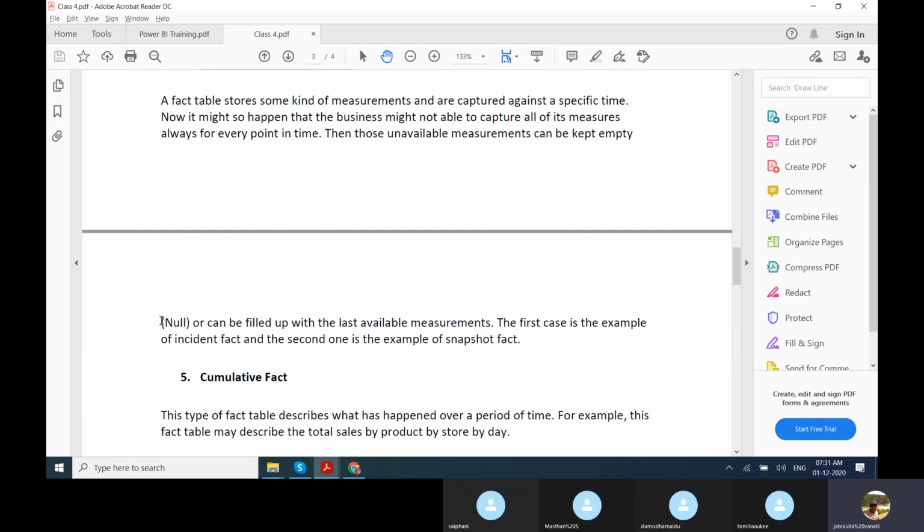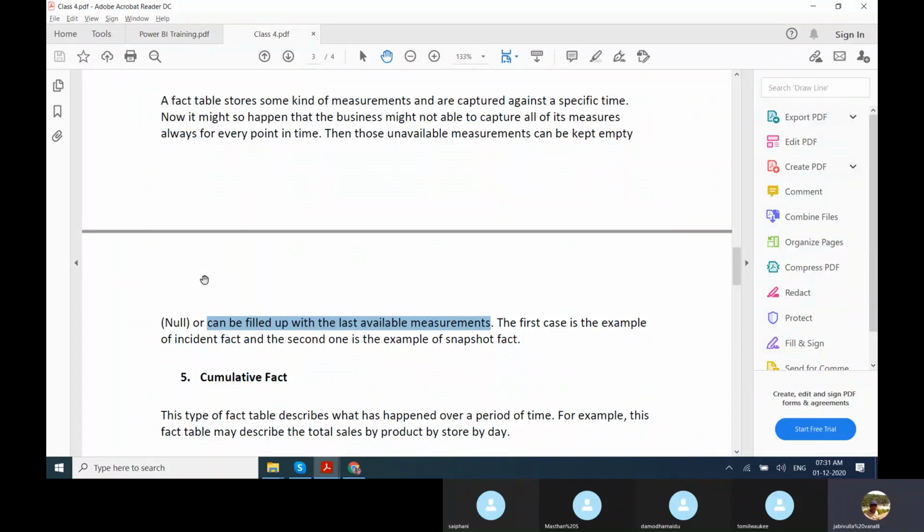That information kept as null is called incident. It can be filled up with the last available measurements. Initially they keep it as null, and later they fill it in based on the available information.